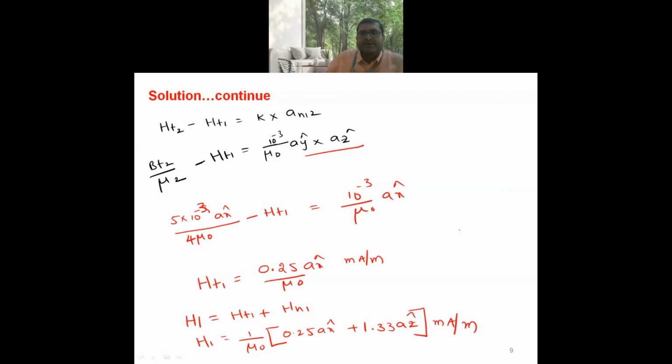From this we can determine the value of B1 as mu1 times H1. You can multiply the value of mu1 with H1, and you will get the value of B1.